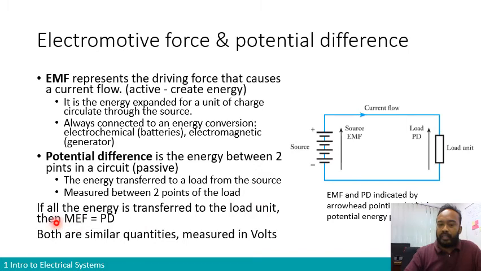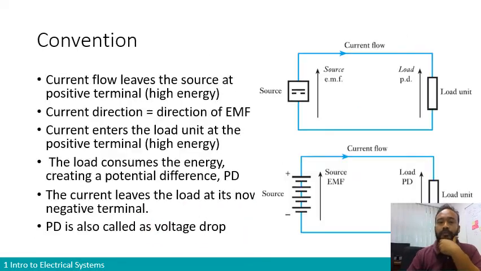If all energy is transferred to the load, for example in this circuit with only one EMF, one battery, and one resistor, then the EMF, the voltage across the source, will be equal to the voltage across the load, right? And both are quantities measured as voltage, in volts.